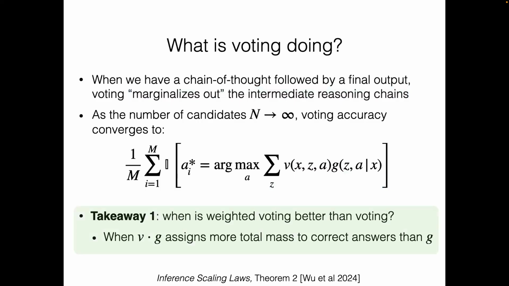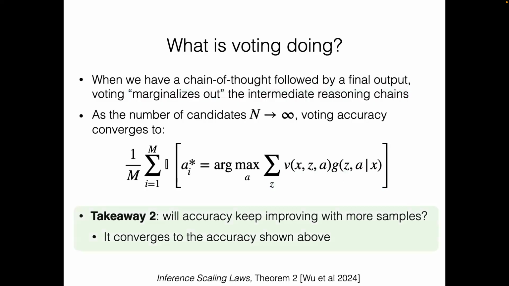You can also look at this and see when is weighted voting better than voting? Well, here you could see that it occurs when your reward model is in some sense good. So in particular, if it assigns more mass to the correct answers than just your generator by itself. And then the other thing is, you probably noticed that the curves are leveling off.